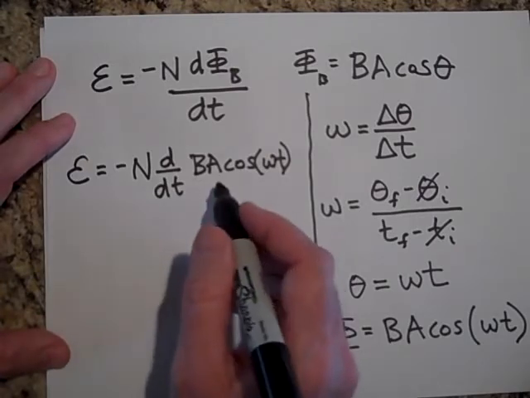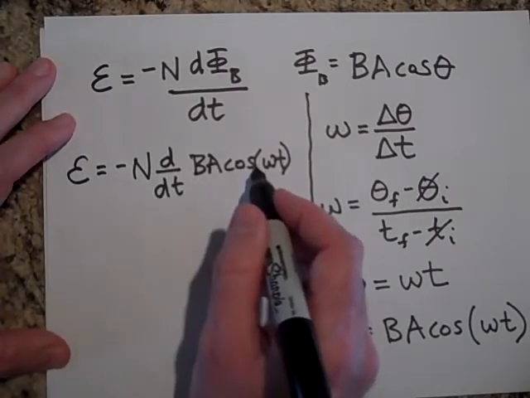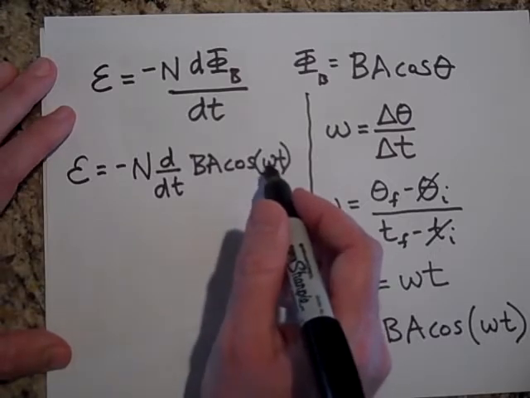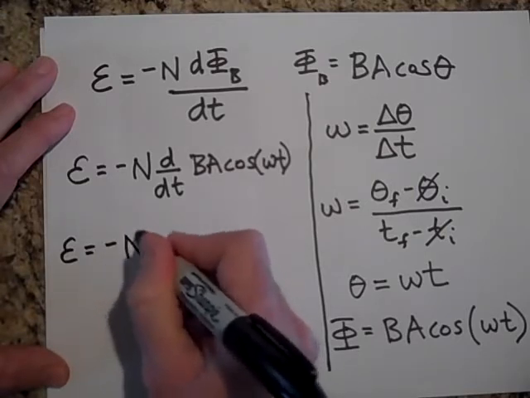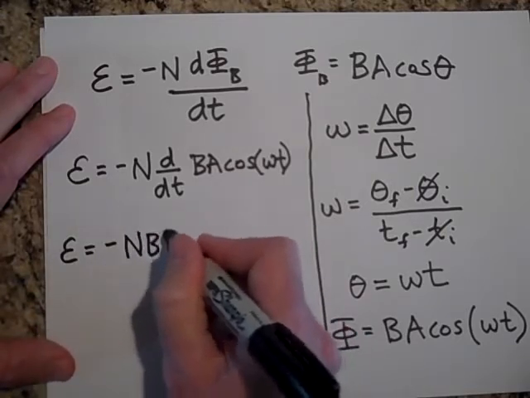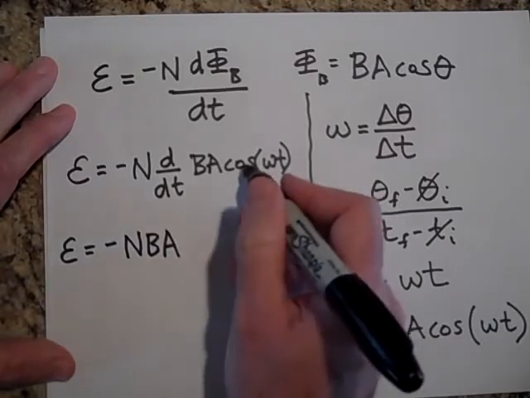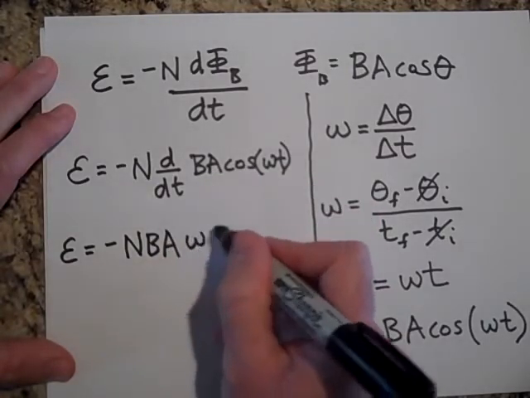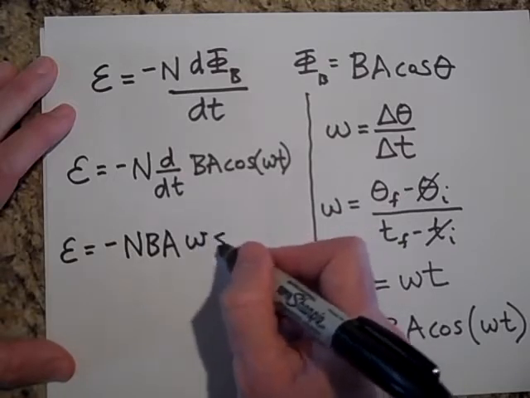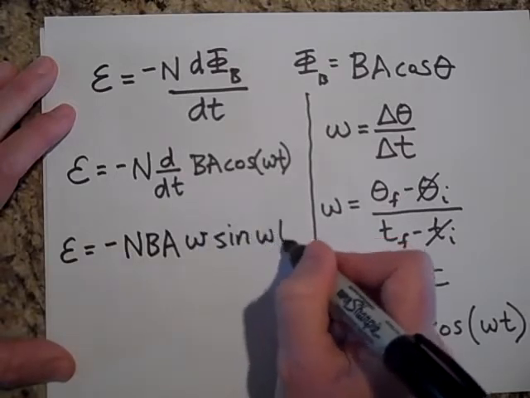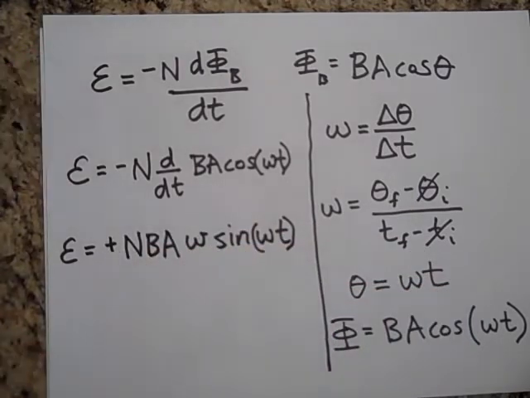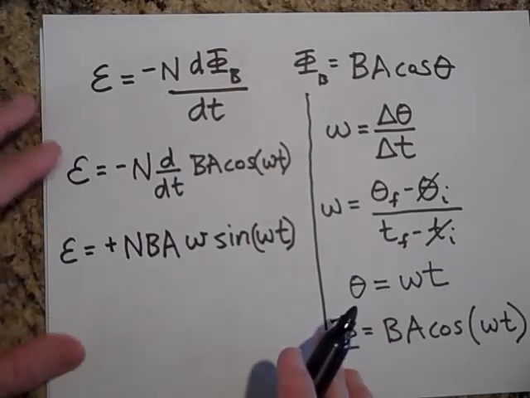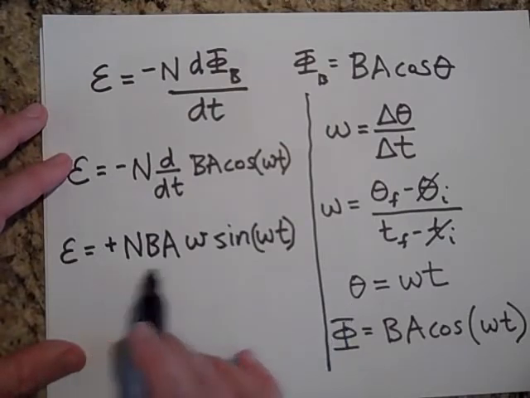When I take the derivative of the cosine of omega t, using the chain rule, I get negative n B A times an omega times the sine of omega t. That's going to be a positive now, because the derivative of a cosine is a negative sine. So that's the EMF that's induced.